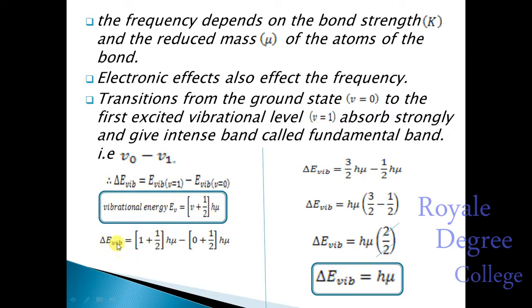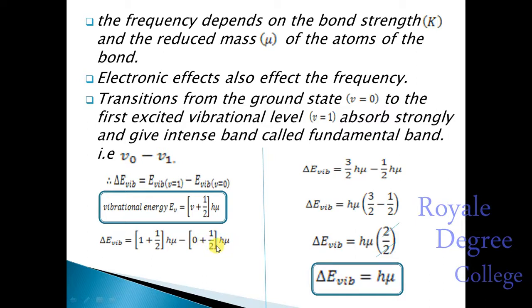So the change in vibrational energy is equal to, for V equal to 1, the first excited state, (1 plus half) h mu, minus the vibrational energy in the ground state, where V is 0, (0 plus half) h mu.